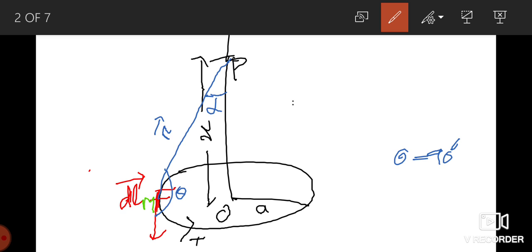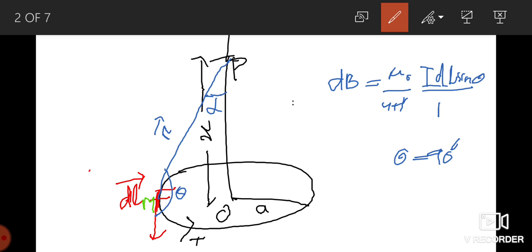In this small section, the magnetic field due to this section at point P will be dB equal to mu 0 by 4 pi, I dl sin theta by r square. Here we are using Biot-Savart's law.